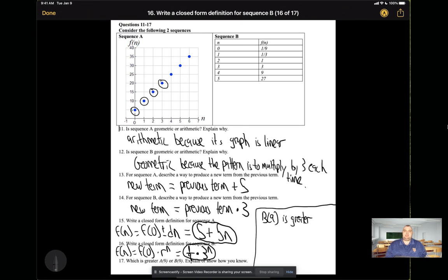So term 9 of sequence B is greater because B is geometric and geometric sequences increase at a faster rate. So the key is that sequence B is geometric and geometric sequences increase at a faster rate than arithmetic sequences do.